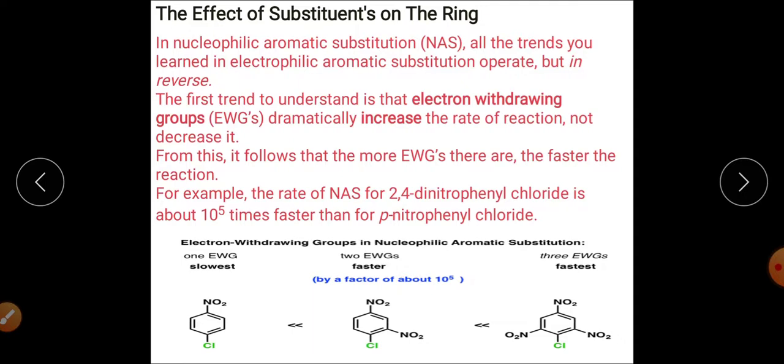And when we compare, there are some categories that particularly affect it. So first of all, we will tell you about the substituents which are attached on the benzene ring and their effect on the aromatic nucleophilic substitution reaction.